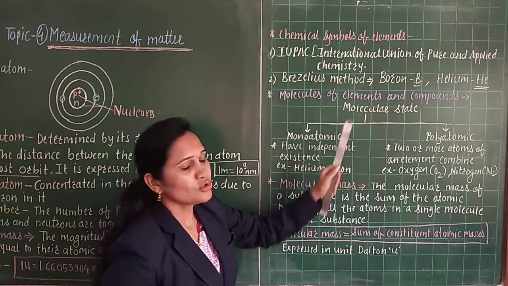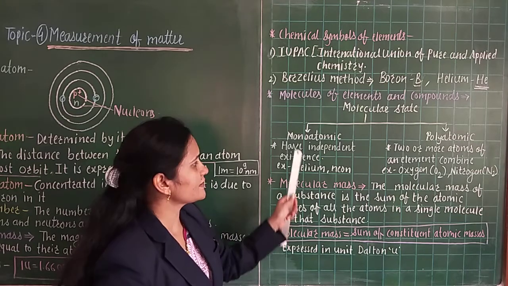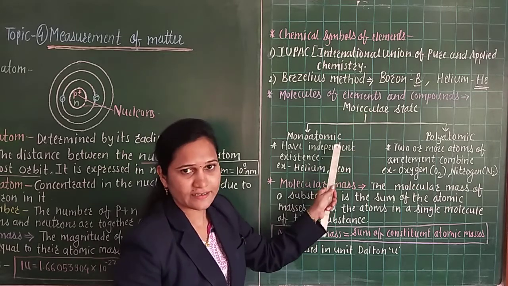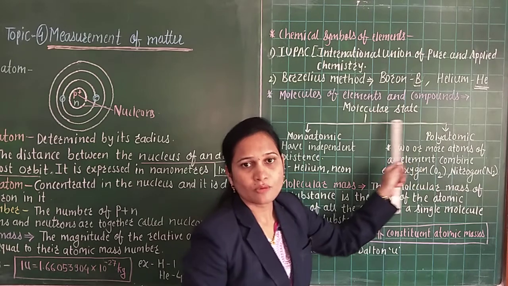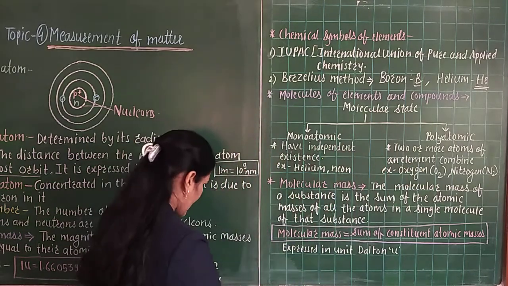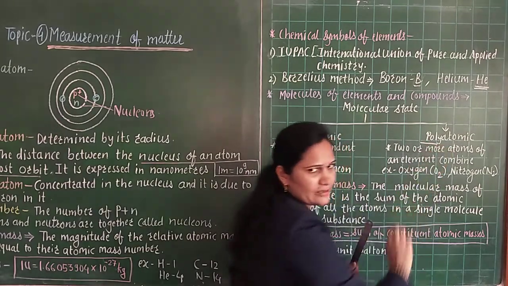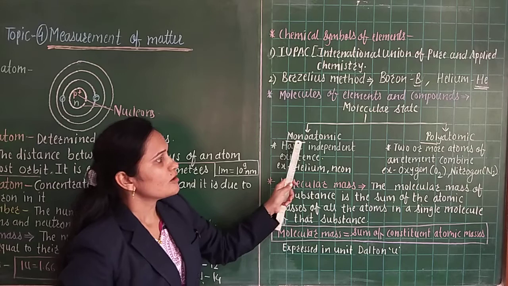Now there are two types of molecular states. The first one is the monoatomic molecular state and the second is the polyatomic molecular state. Mono, by name only you can understand, mono means single and poly means many. So we will see the definition of it.